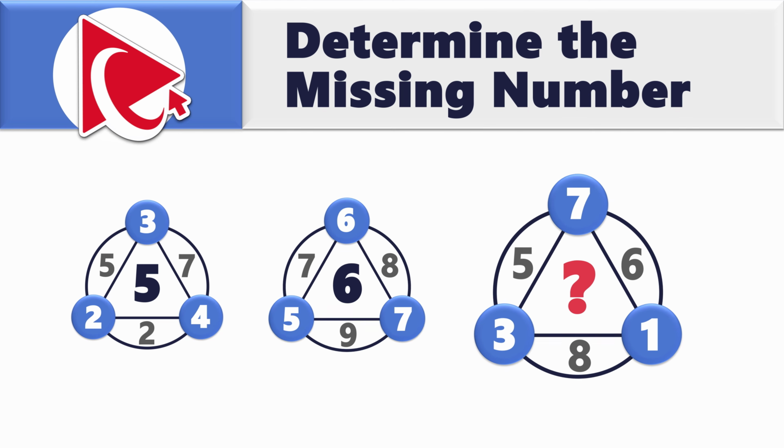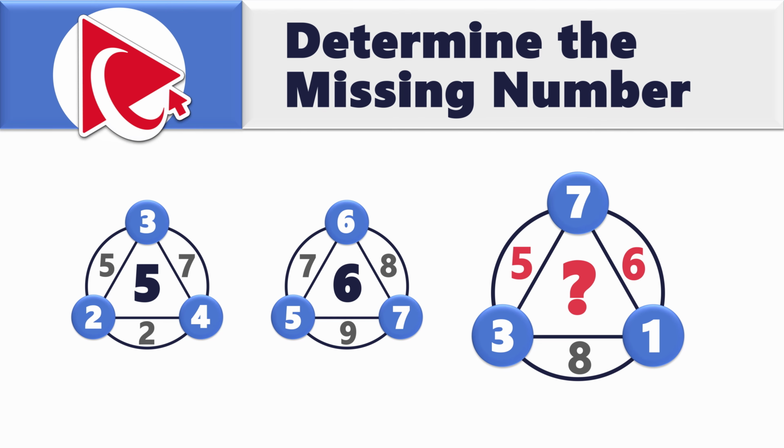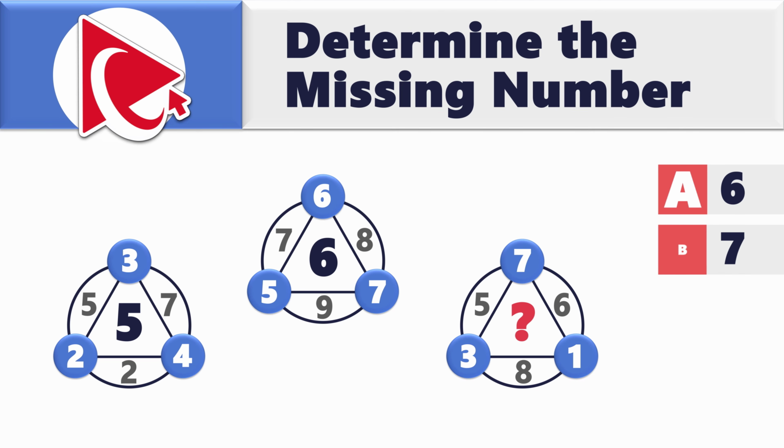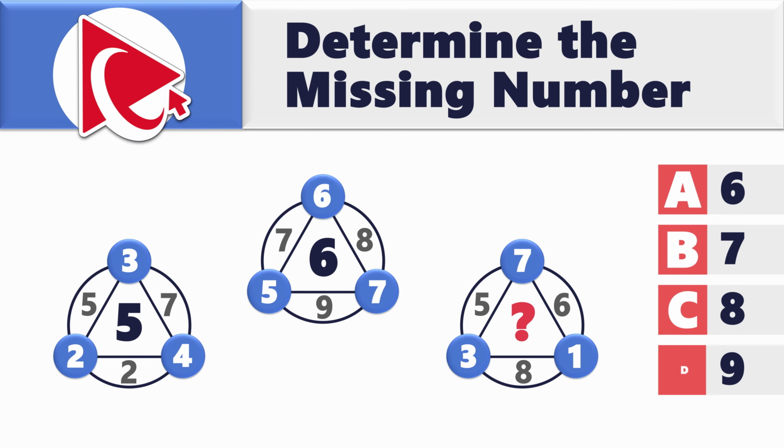The third shape has inside numbers 5, 6, and 8. The outside numbers are 3, 7, and 1, and middle number is missing. You need to calculate it and select out of 4 possible choices. Choice A, 6, choice B, 7, choice C, 8, and last but not least, choice D, 9.